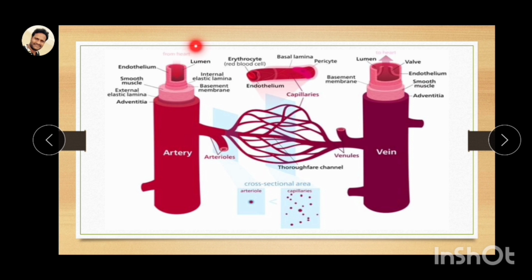At the top, arteries are narrow, while veins are very wide and large. Arteries end in capillaries to cells, and veins start with capillaries.